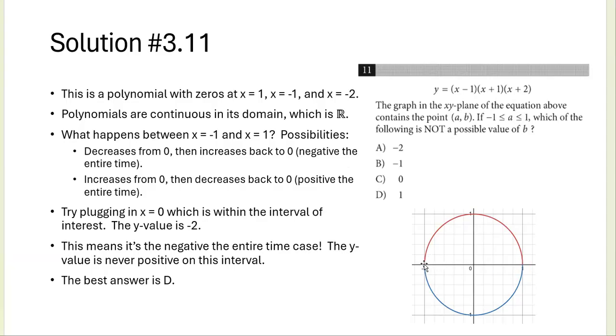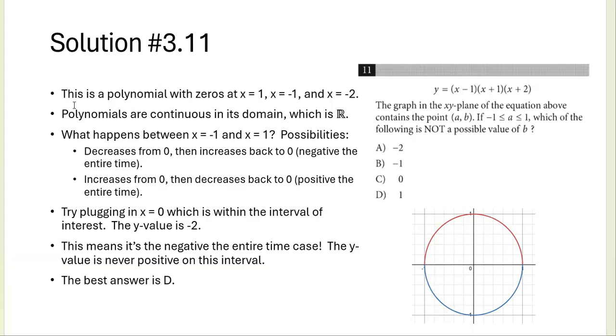But otherwise, to go from here to here, you can increase and then decrease, or you can decrease and then increase. That's how you connect these 2 points. That's what I'm saying in this third bullet point with these 2 sub-bullet points. You can connect it like this or like this over here.